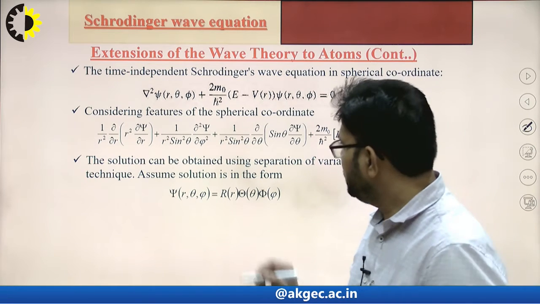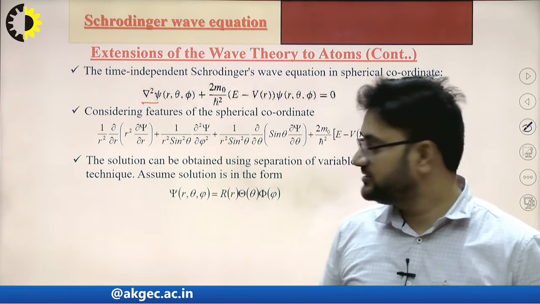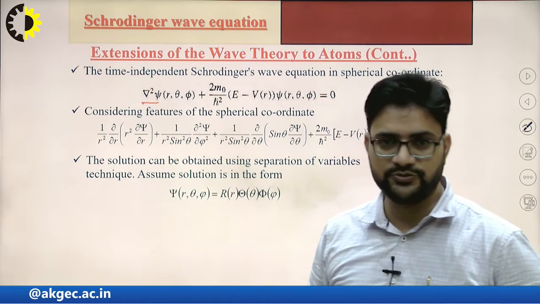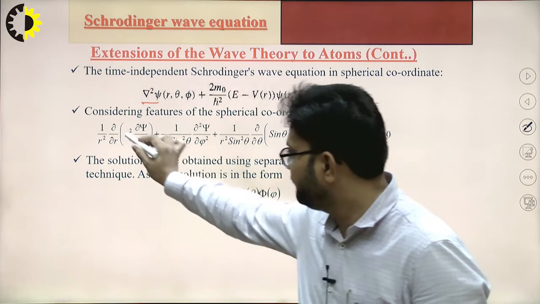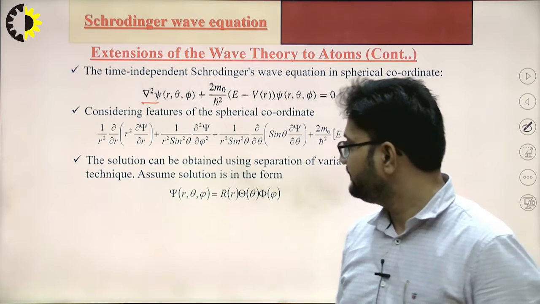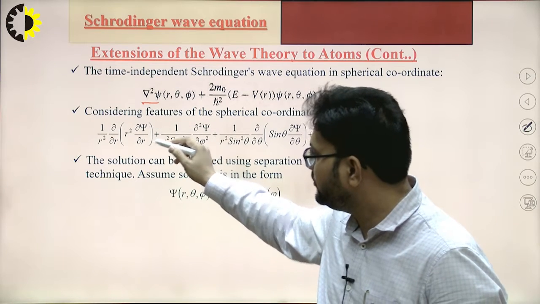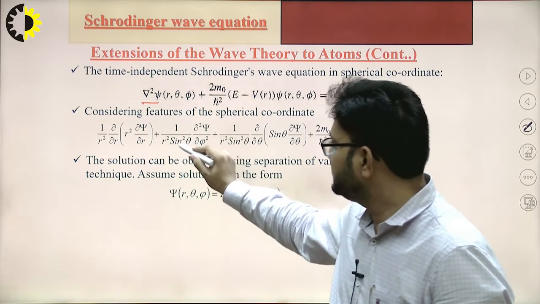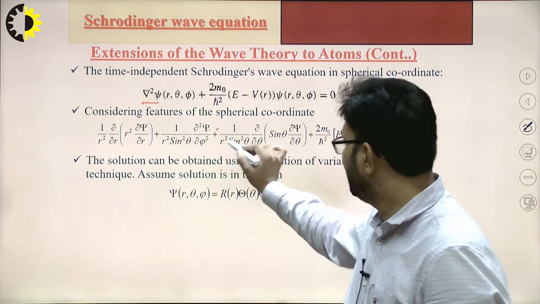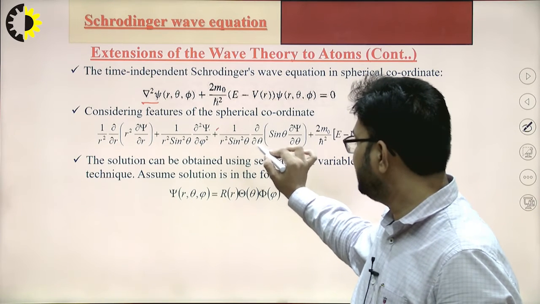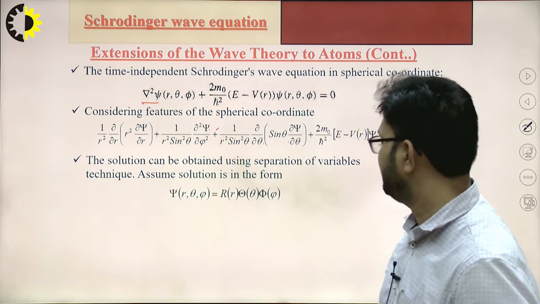If we expand del 2 psi using the basic formula, we have 1 upon r square del upon del r of r square del psi upon del r, plus 1 upon r square sin square theta del 2 psi upon del phi square, plus 1 upon r square sin theta del upon del theta of sin theta del psi upon del theta.